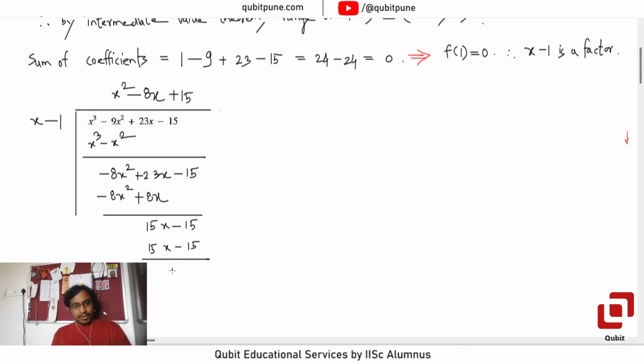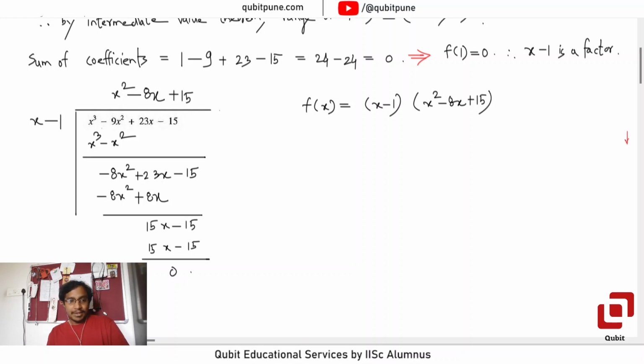After successfully factorizing the given polynomial, let us check whether we can factorize the quotient, which is x squared minus 8x plus 15.